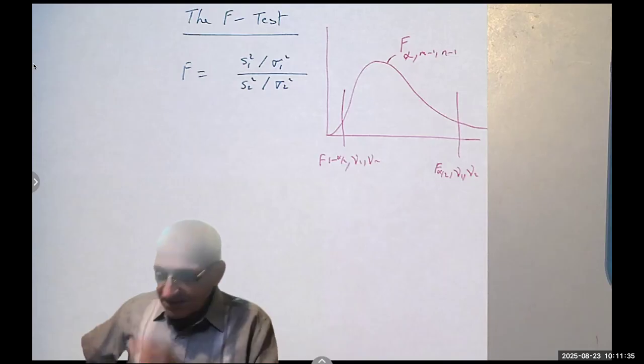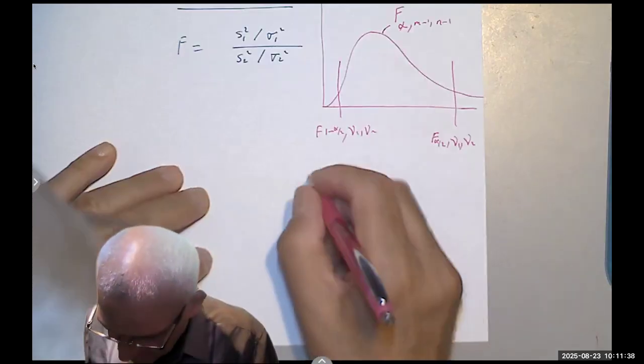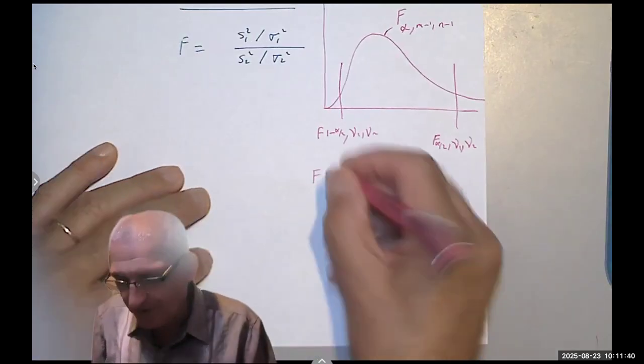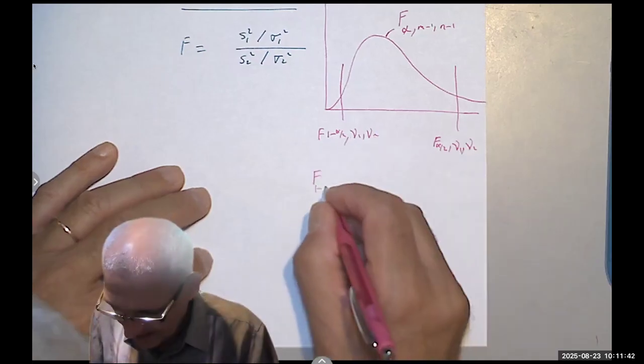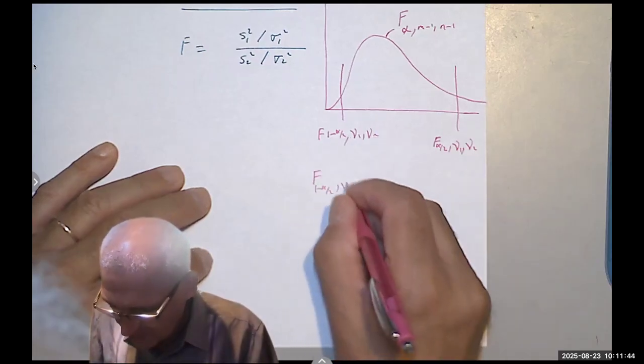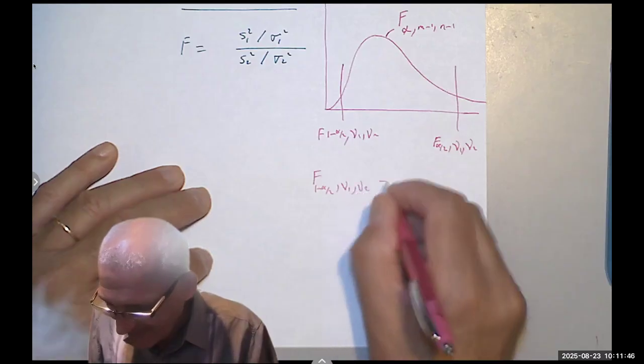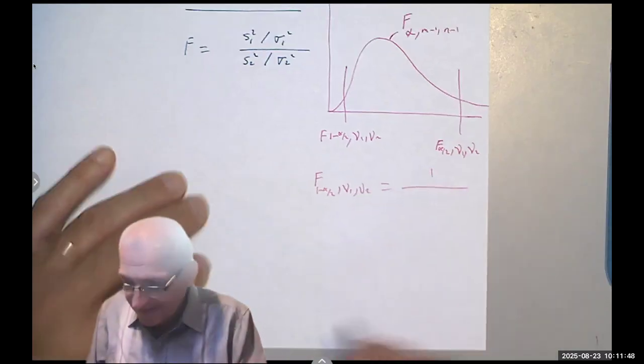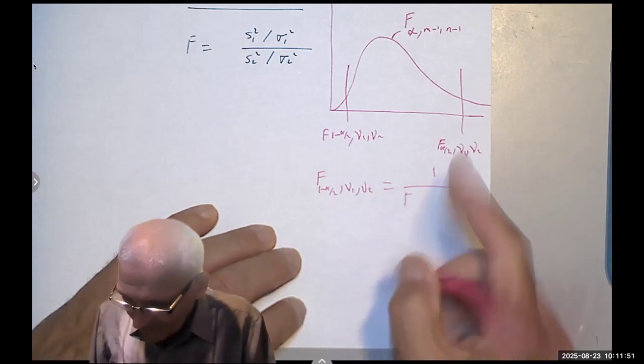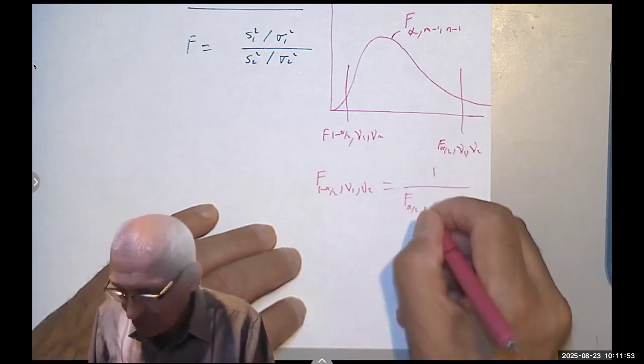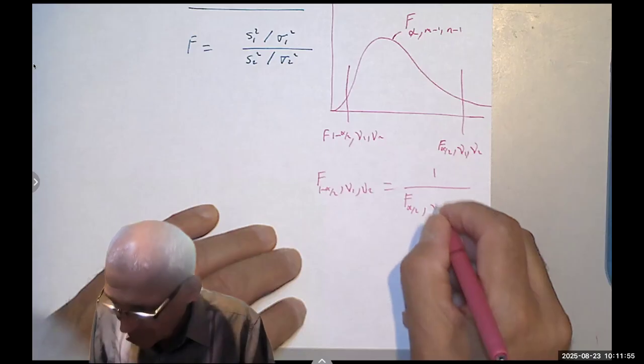Why? Because it turns out that if you want f of, say, 0.975, 1 minus alpha over 2, nu1 and nu2, that is exactly 1 divided by f of alpha over 2. No, not nu1, nu2, but nu2, nu1.